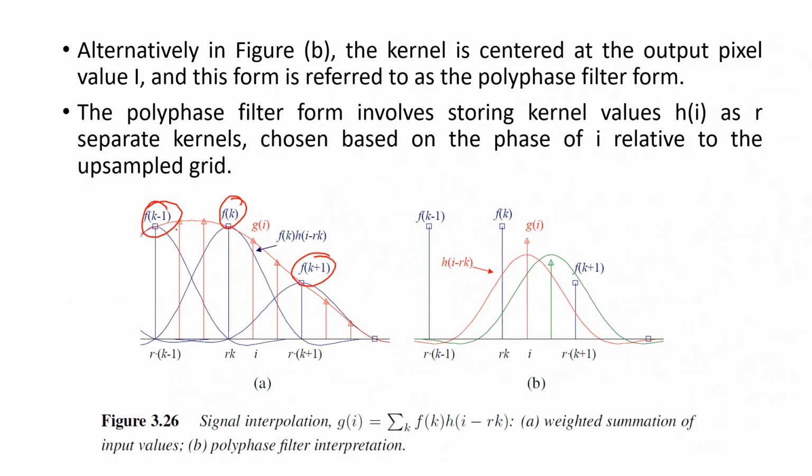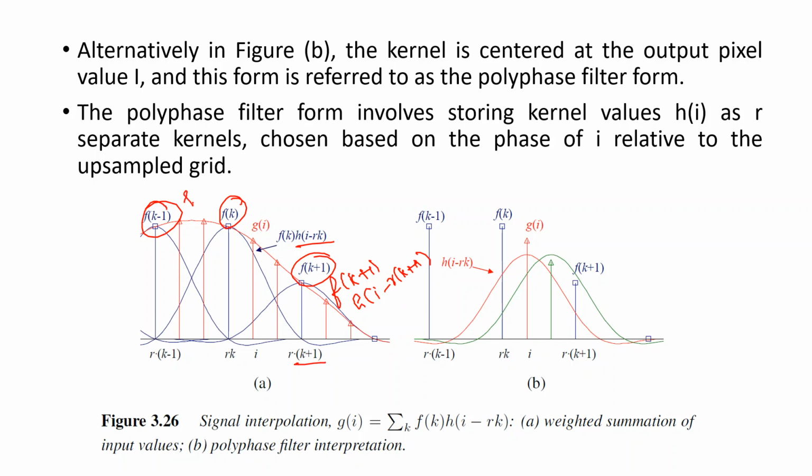So f represents the original input and h represents the kernel. h of i minus rk is convolved and produces the result, the red triangled one, g of i. Each input sample is multiplied with the interpolation kernel, that is f of k times h of i minus rk. In this case, f of k plus 1 times h of i minus r of k plus 1.